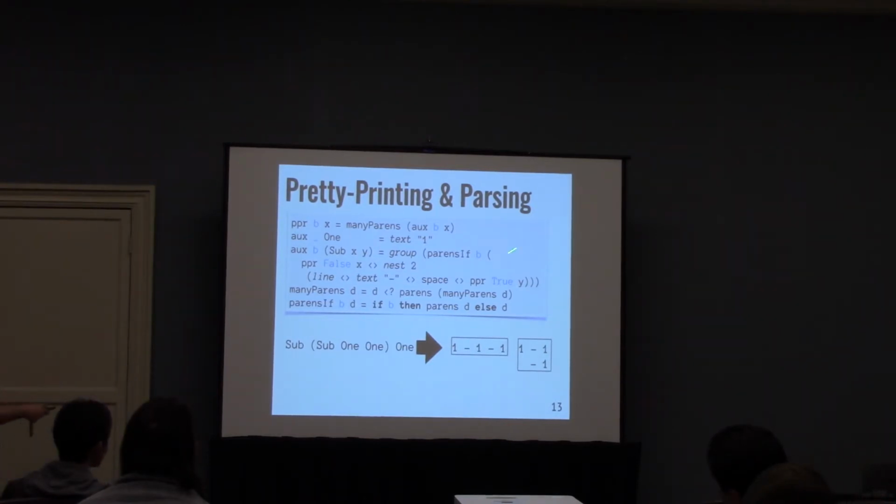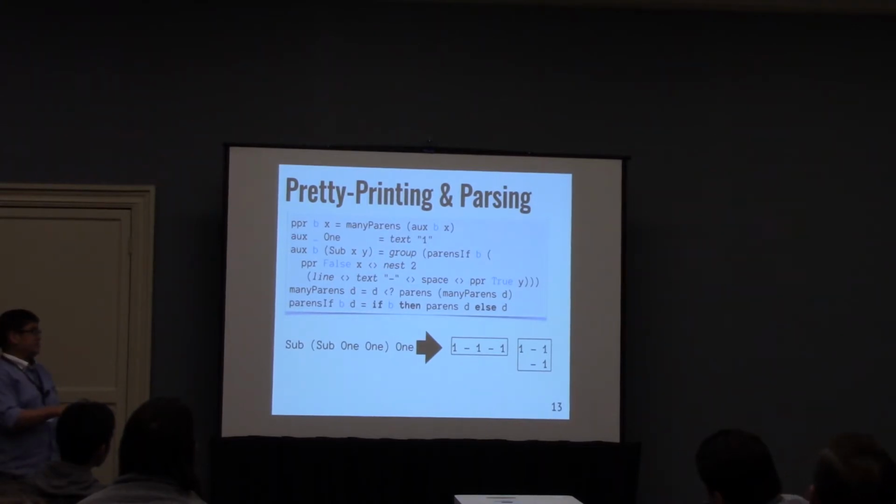This function puts parentheses if the flag is true. And we recursively call the PPR function with false for the left argument, because subtraction is a left associative operator. And we put the nest, which increases the current indentation level. Here, line is just a newline character, but it has different behavior under the group.